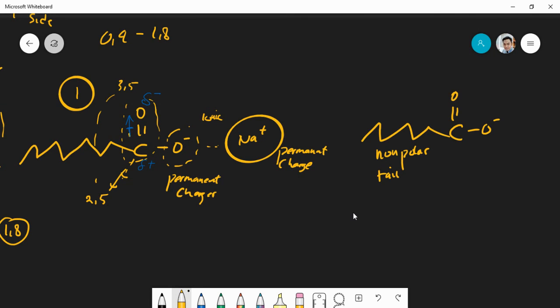Then the head has both: this is partially negative and this is partially positive, which is the polar part, and this is the ionic part. So they have a three-way combination. That's why soap is very powerful, and it's going to be related to your summative assessment later on.